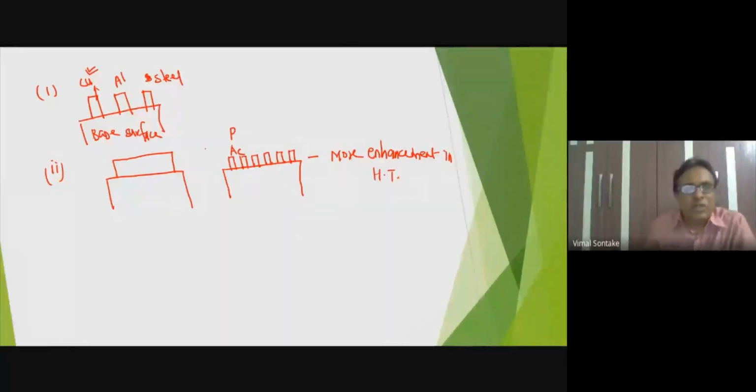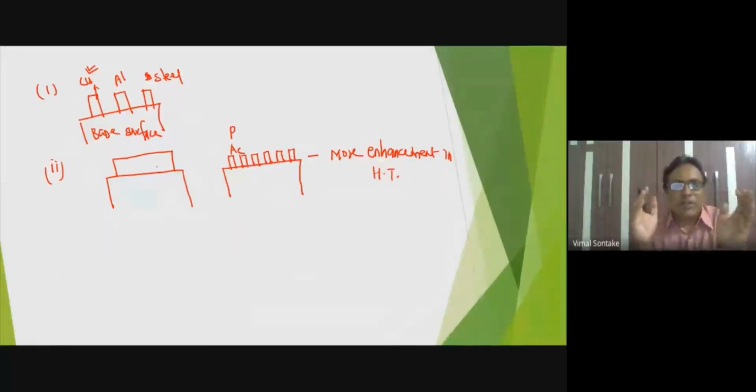That is conclusion number 2. So instead of a single fin of larger diameter, we can cut that fin into smaller fins of smaller diameter, and if we attach those slender or thin fins to the surface, they will make the heat transfer rate enhancement more.